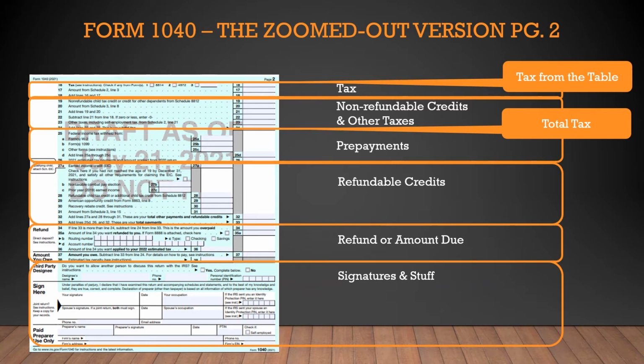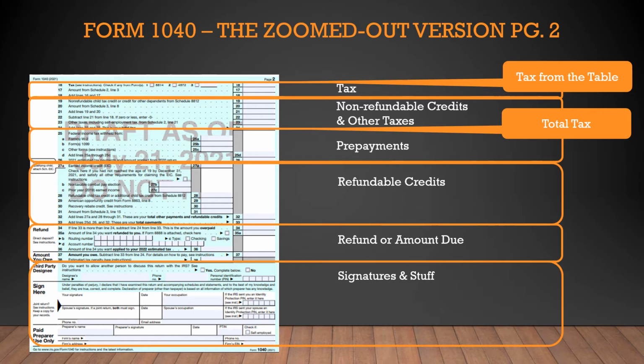Page 2 of the 1040 begins with tax. Now we spent all of page 1 determining our taxable income, and that's our tax base. So then page 2, the first line is tax from the table, and there are some tables that the IRS publishes that help you determine based on your taxable income what your tax should be.